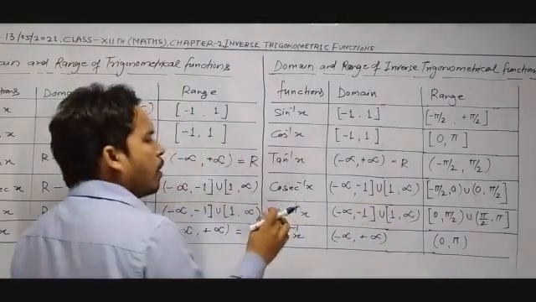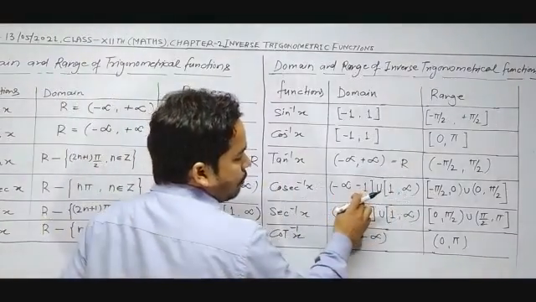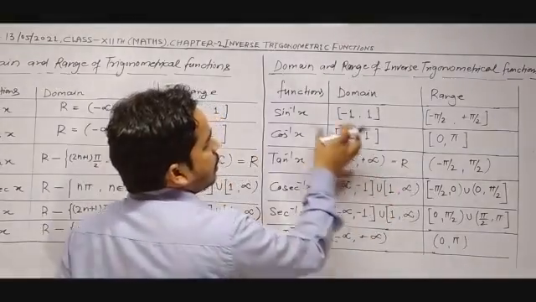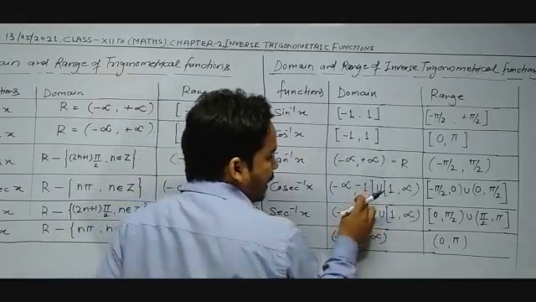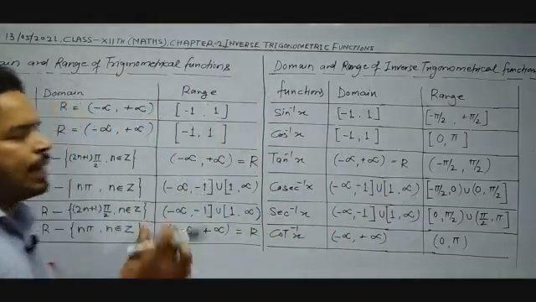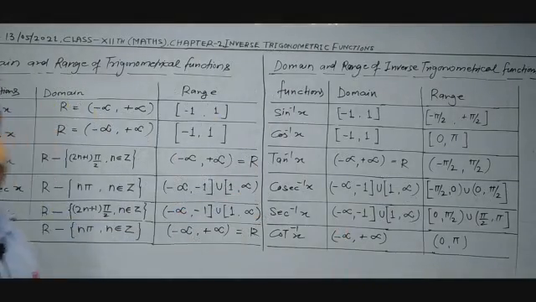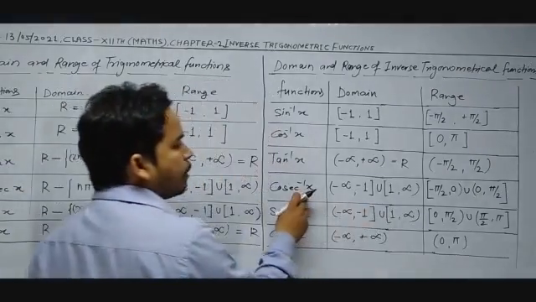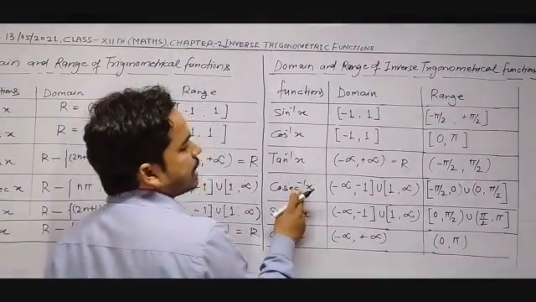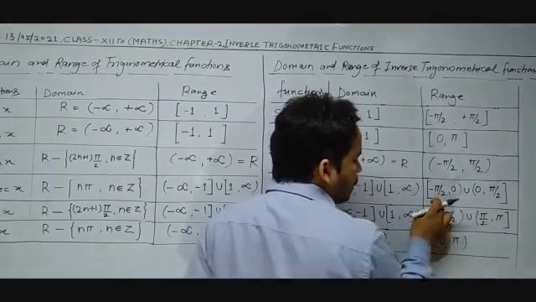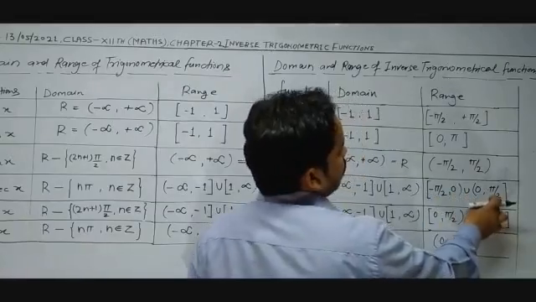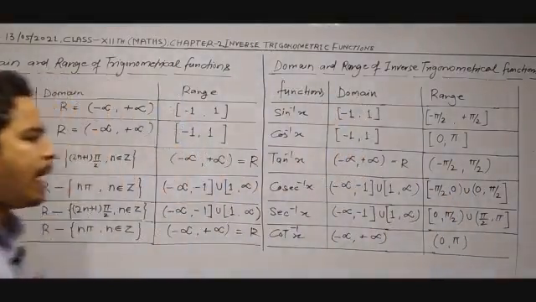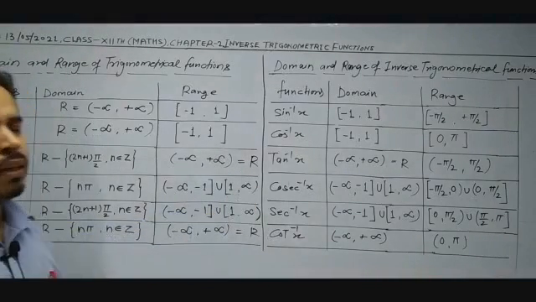You know, from minus 1 to 1 is the domain of sine inverse x. The range of cosec inverse x will be from minus π/2 to 0 union 0 to π/2. These are the possible output values for cosec inverse x.